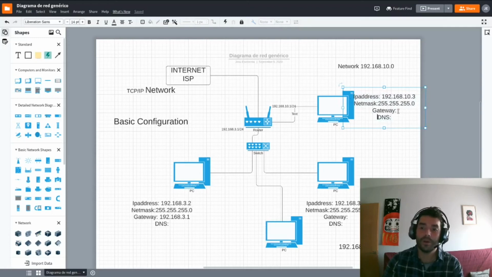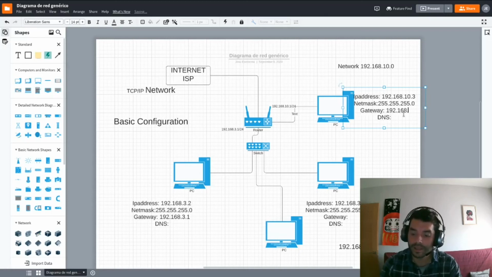If it wants to go out to the outside, it doesn't matter to the internet or to another computer like these ones, it needs to have the gateway configured, okay? And the gateway, in this case, in this network, would be 192.168.10.1, okay?